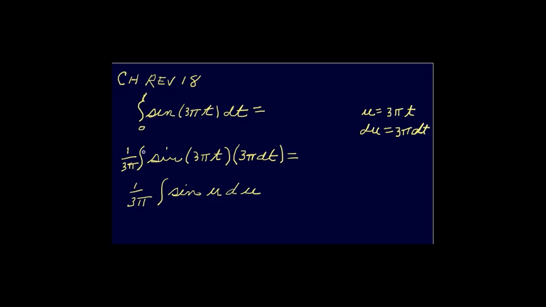However, here I was working with an integral of t, and my t values ran from 0 to 1, so I need to look now at the relationship. If t equals 0, then looking at the first equation up here relating t and u, you can see that u must be 3 pi times 0, so u is equal to 0.